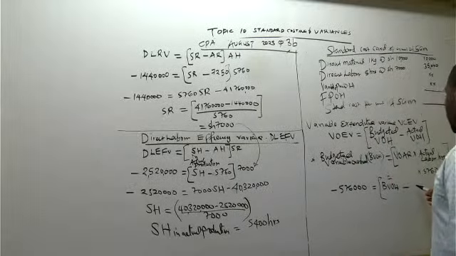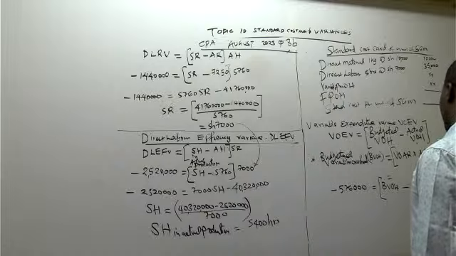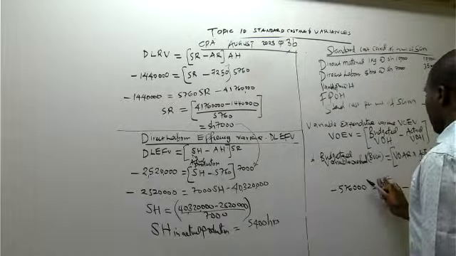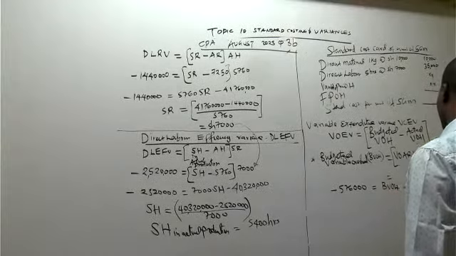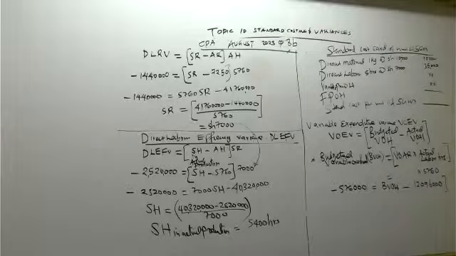Actual variable overheads we have been given there is equivalent to 12,096,000. That is what you have been given. So by just looking at what we have here, are you able to get now the budgeted variable overheads? This is the unknown. Go ahead and give me the figure.